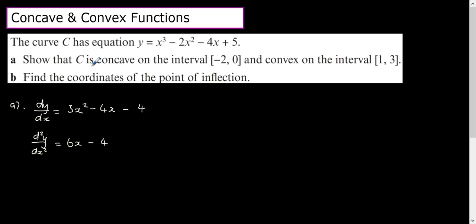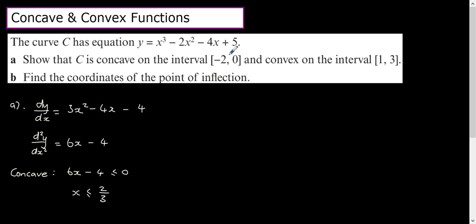And let's concentrate on this concave aspect first. So for the function to be concave, 6x minus 4 is going to be less than or equal to 0, which means if we solve, then we get x is less than or equal to 2/3. So for all values of x less than or equal to 2/3, this function is concave.